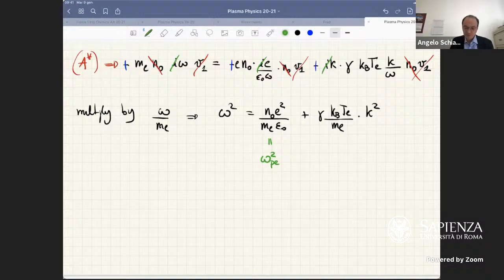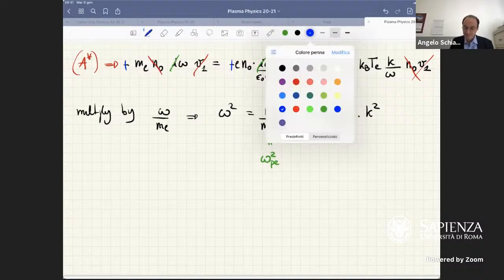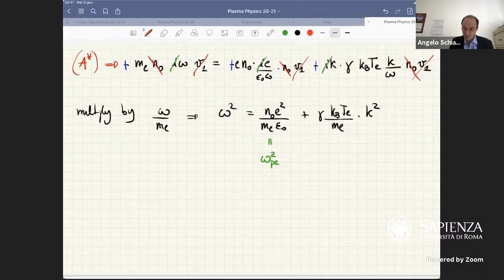And what is this second term here that multiplies k squared? This is KB T times a gamma in front of it divided by ME. This reminds us of the root mean square velocity of the electron. So actually, this is the thermal velocity of the electrons. It's proportional to it.